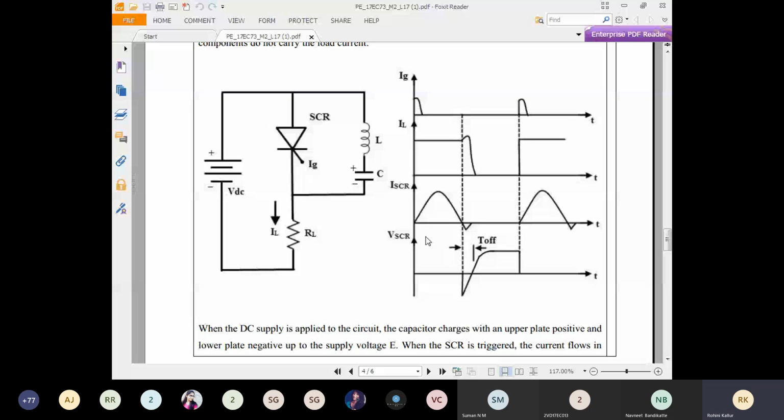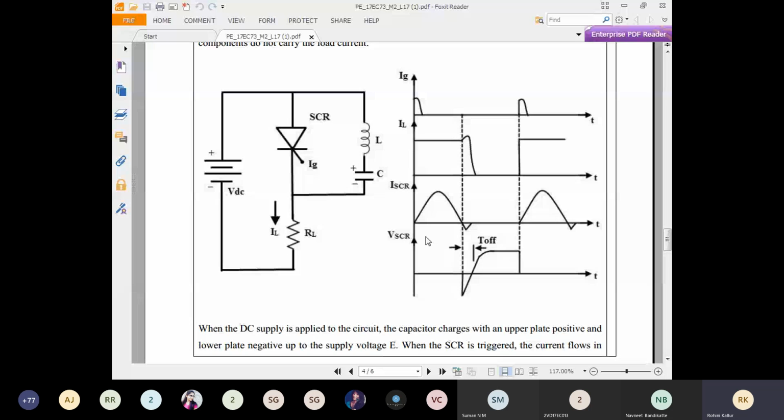Getting it? Like this, the commutating components, the inductor and capacitor, will be arranged in different fashions so that you get different commutation circuits.